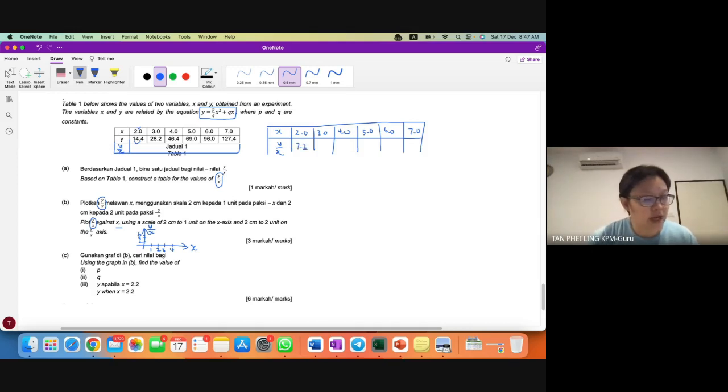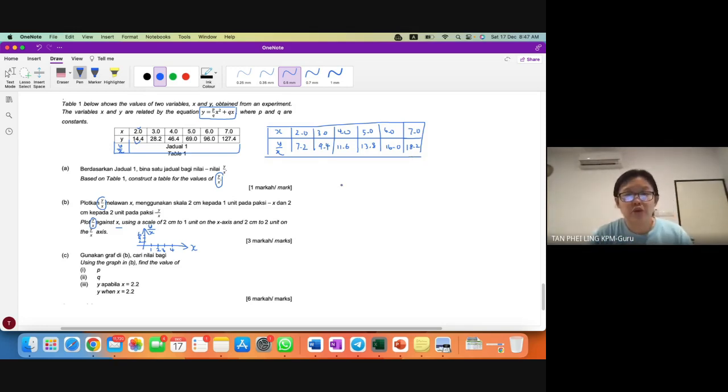Then you will have 9.4, then 11.6. You have to do this slowly, okay? Substitute in slowly, you can get it. 13.8, and then 16.0 and 18.2. All of them. So in that case, you are done.